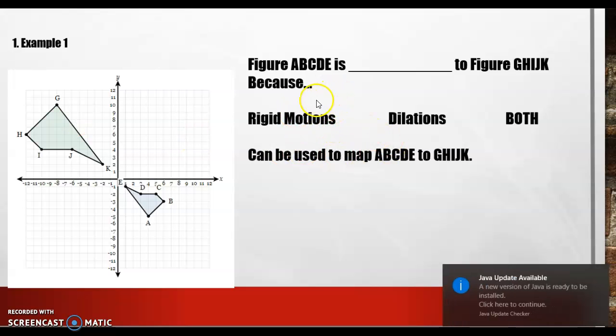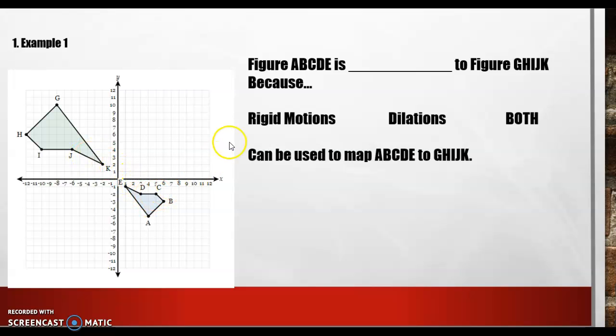So we know that since they are the same shape but not the same size, this is a similar figure because both rigid motions and dilations were used to map ABCDE to GHIJK. If it was just rigid motion, it would have been congruent. But because we had a dilation that made it bigger, that just means that they are similar.